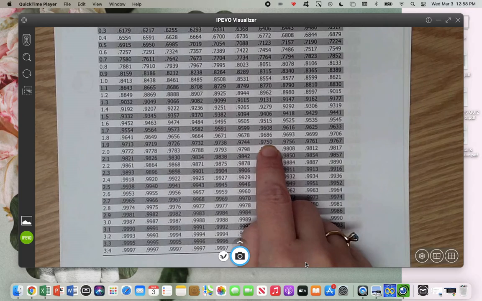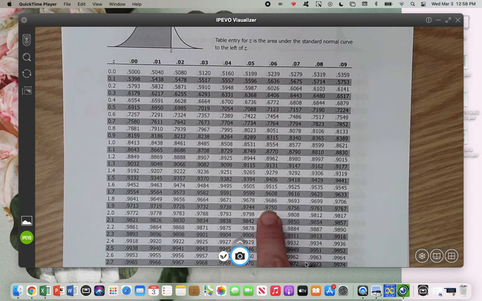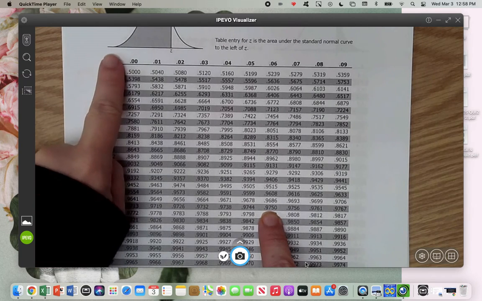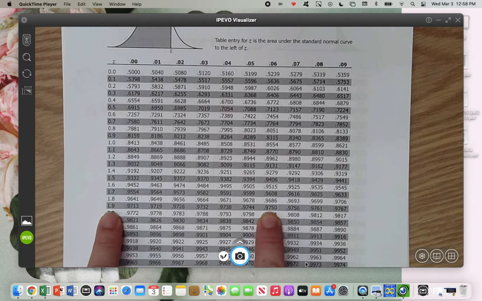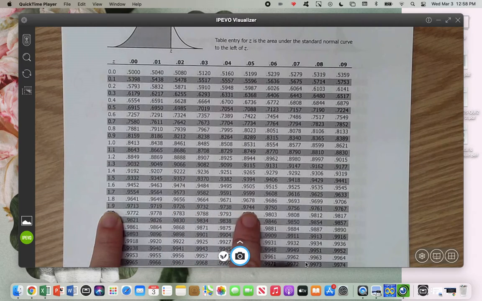So then our z-score, or our z critical value, is going to come from the chart. And if you can see here, the z that corresponds with this is 1.9. This would be 1.90, 1.91, 1.92, 1.93, 94, 95.